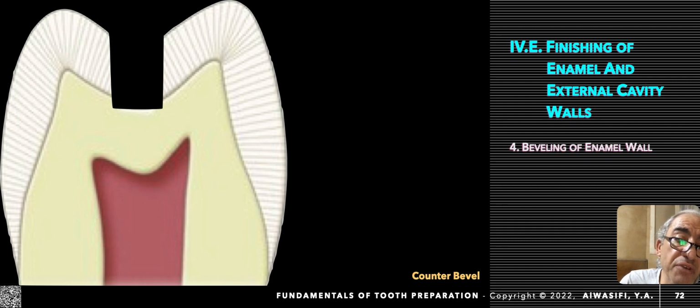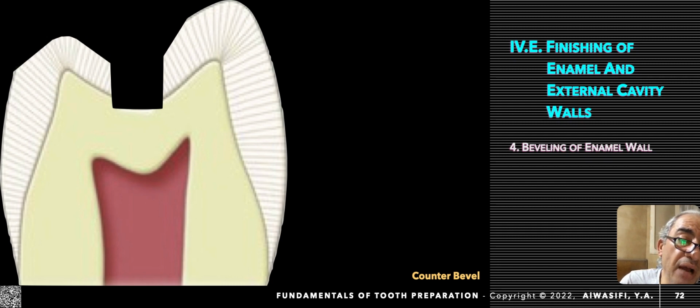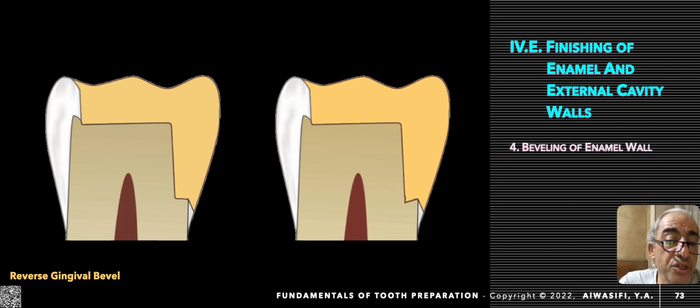Then counter bevel, if you remember, when we have done it to protect weak cusp in case of using cast gold restoration. And finally reverse gingival bevel, if you remember, to prevent rotation or rocking of your indirect gold restoration around the axiopulpal line angle.